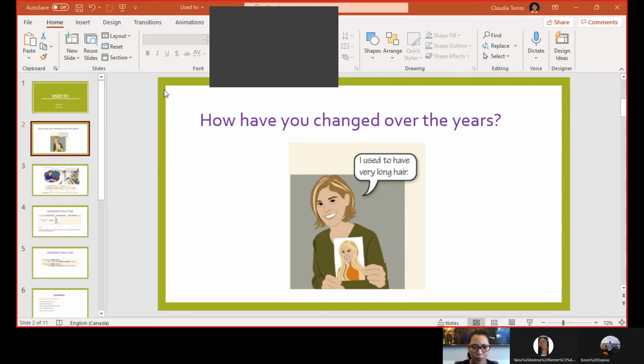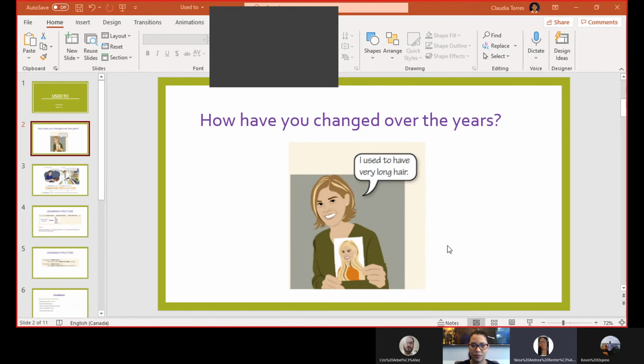But what happened in the picture she's holding? How does she look in that picture? What do you think? She looks younger, and she's smiling.